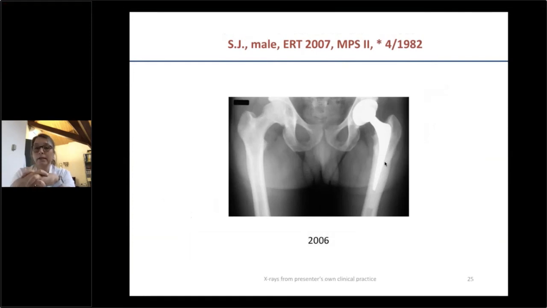If you have an adult, the best procedure to get rid of the pain is to do a hip replacement, which we did in this patient, and it was not simple because the bone had a different quality compared to normal bone, and maybe you can see that the bone marrow canal is really small, and we had real problems to get this part of the replacement into the bone.